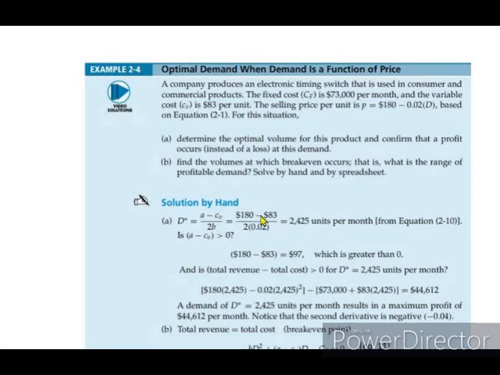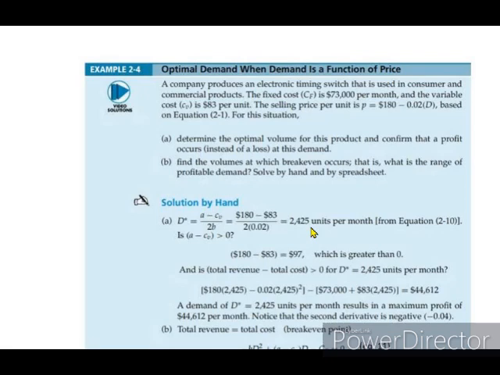Minus C sub U, because it is the variable cost, which is $83, all over 2 times the slope. So what is the slope of the price here? It is 0.02. Okay, so it is equal to 2,425 units per month. So that is the optimal volume.